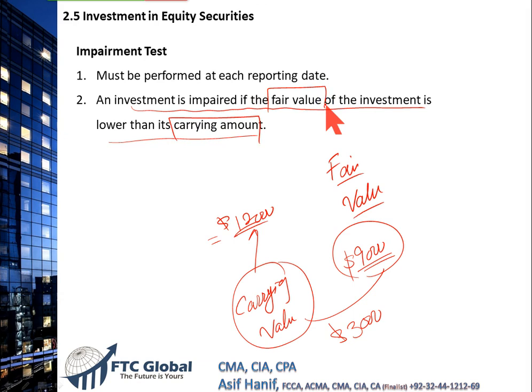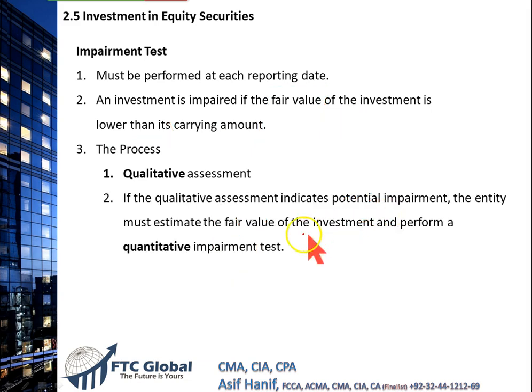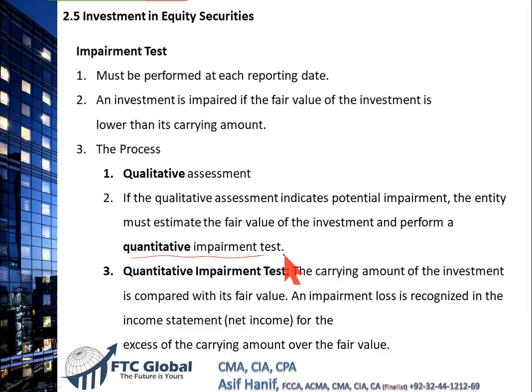And it is calculated after the first step, the qualitative assessment. That is just an assessment that there is some indication of reduction in value because of deterioration in earnings, a downgrade in credit rating, etc. Right? So as I said, the qualitative assessment is an assessment that seeks to determine whether something has happened that has resulted in a decrease in the value.